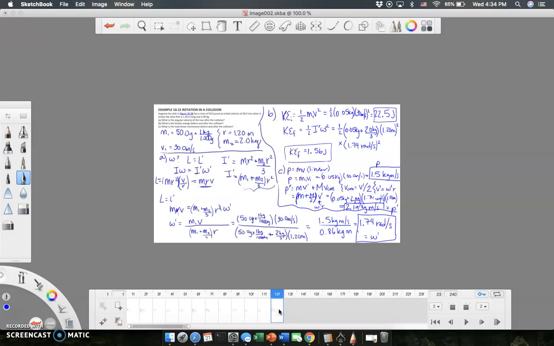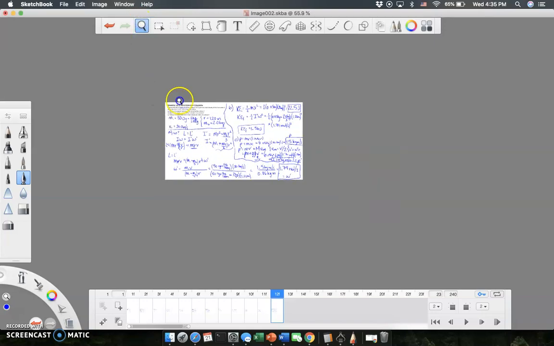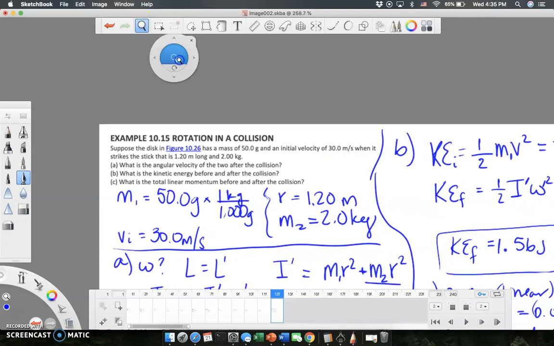Yeah, so here in example 10.15, we looked at a collision, and let me zoom in here. It was a disc, and that disc strikes a stick. Okay, so that was our example.